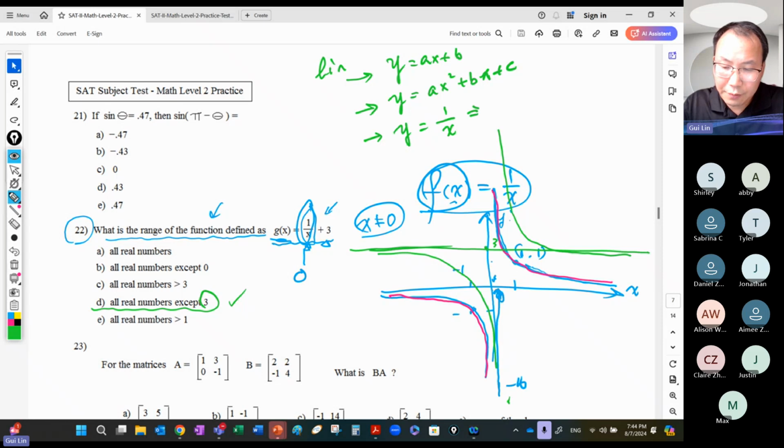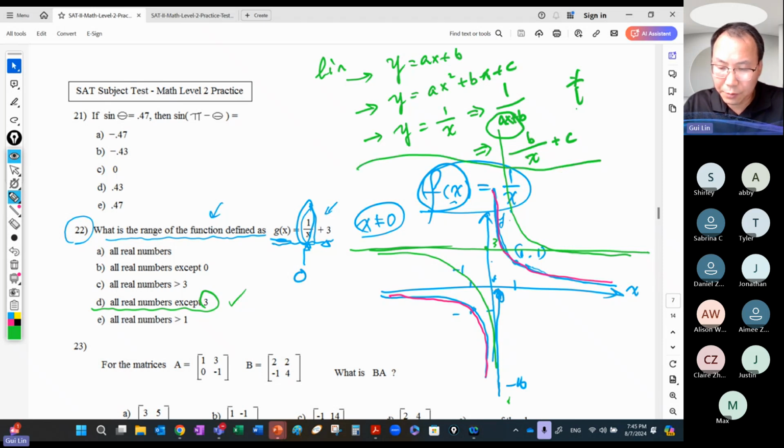It has some form changes, something like ax plus b at the bottom, or the bottom part extended a little bit, or even more, like x squared plus bx plus c. So we do some transformations, right?